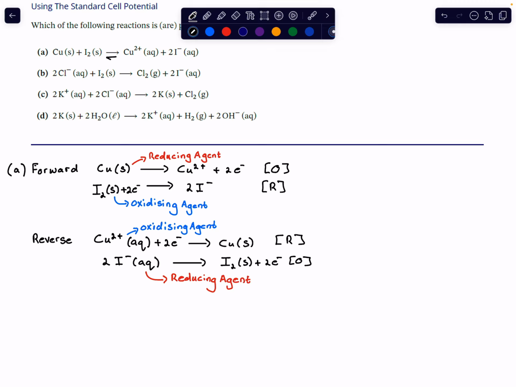So the question is, in which case, or which species, is the stronger oxidizing and reducing agent?